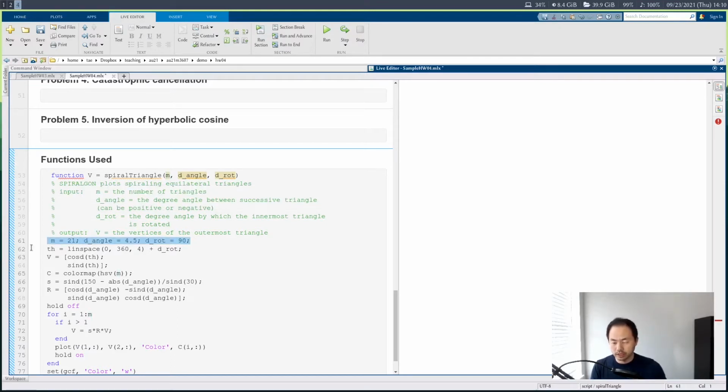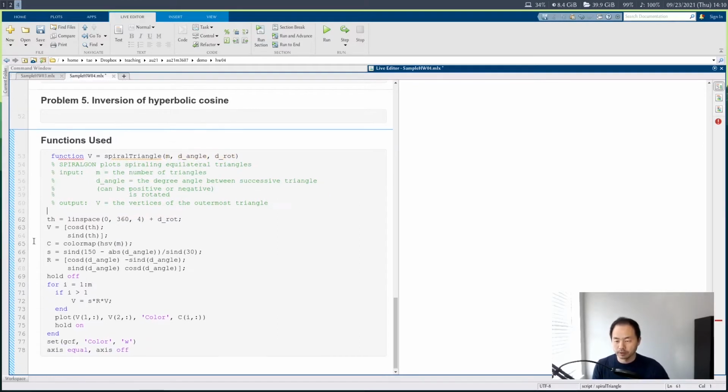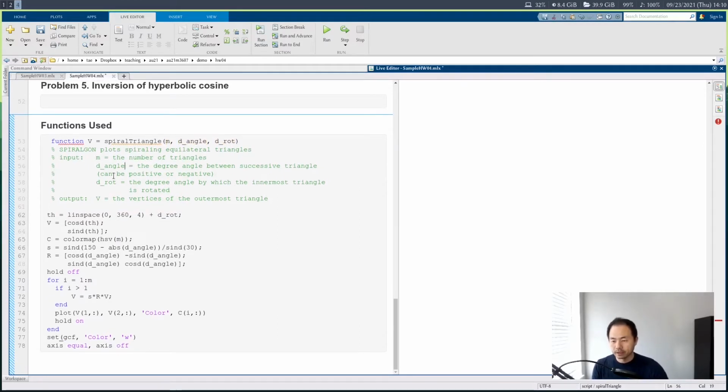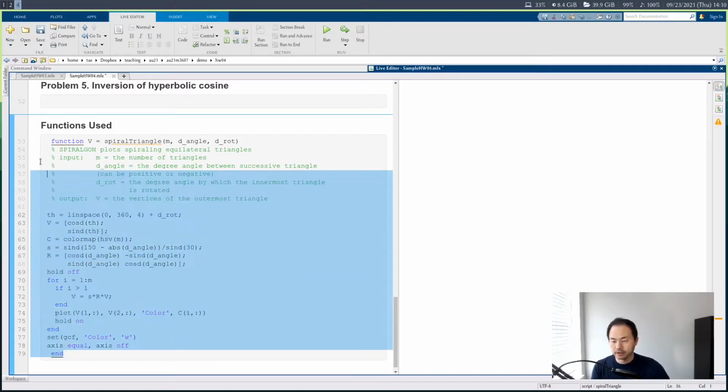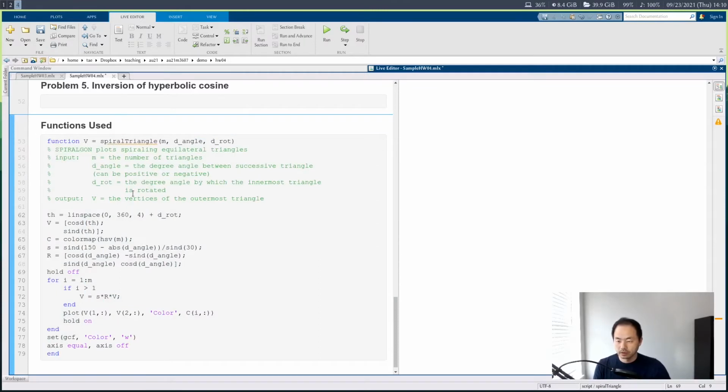Okay, so I can now get rid of that input statement. It begins with function. I like it to end with end. Okay, and let's indent everything for readability. Okay, so this is all you need to do.